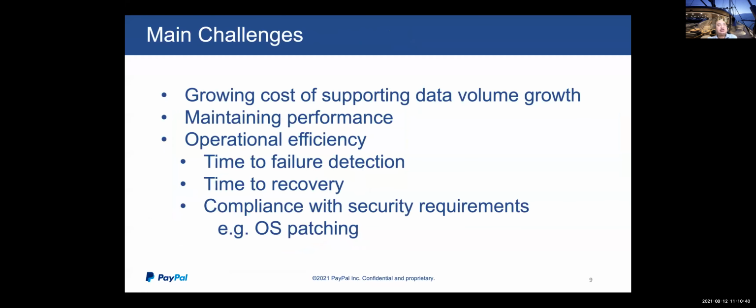So at this juncture, as our footprint is already very big, we are faced with a lot of challenges. And the main one is that we are faced with growing costs of supporting such a huge data volume growth, and at the same time maintaining the same performance.